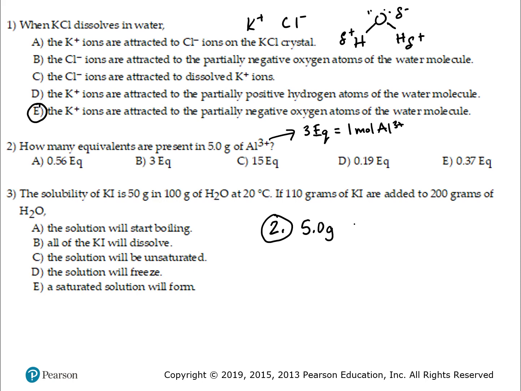We're given the number of grams of aluminum. We have to first figure out how many moles. Then we use the conversion factor to figure out how many equivalents.